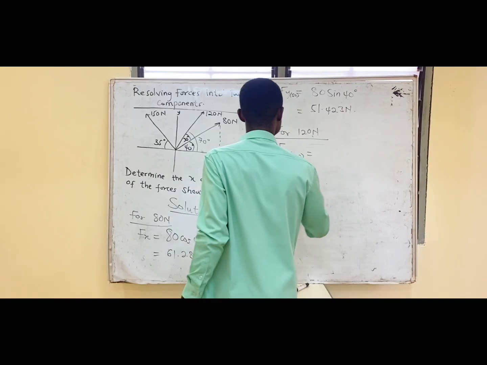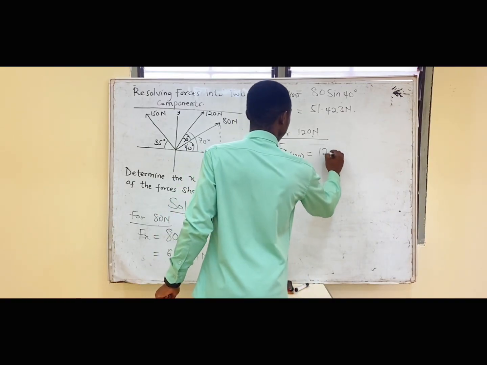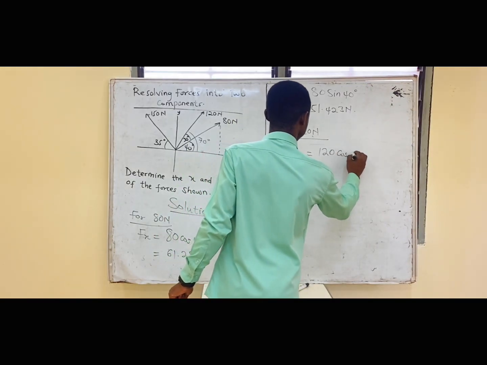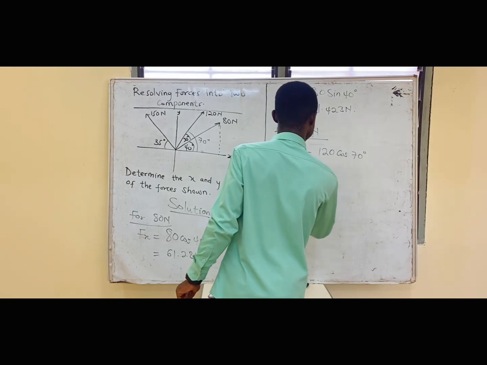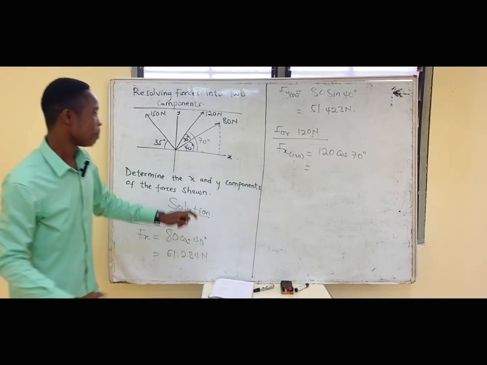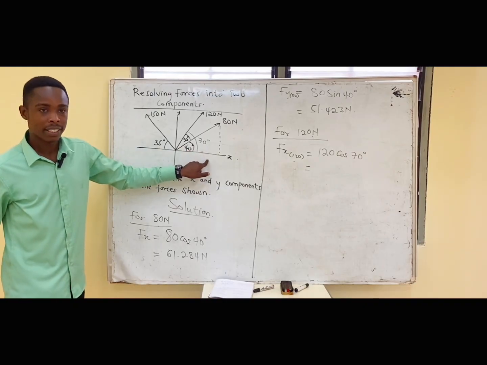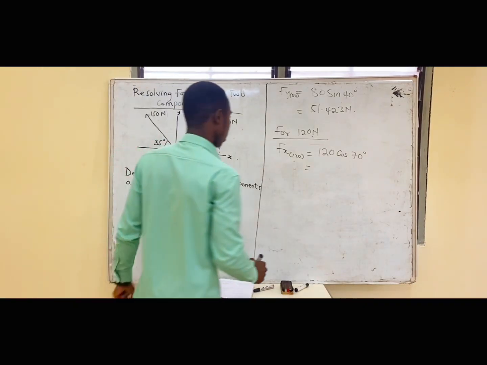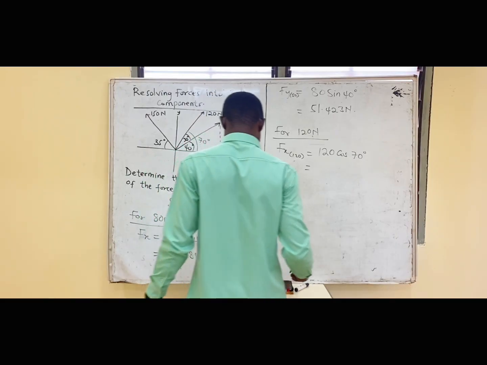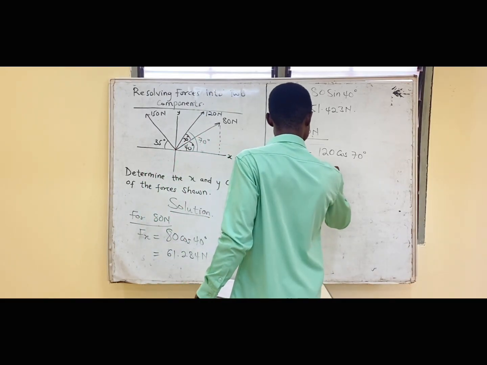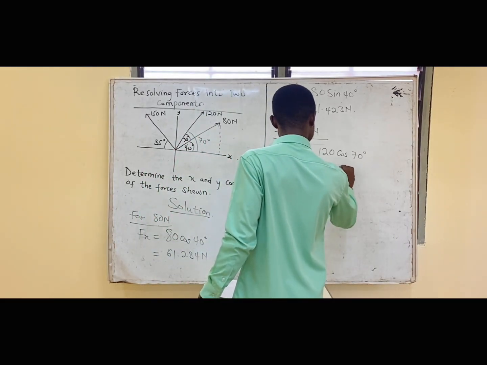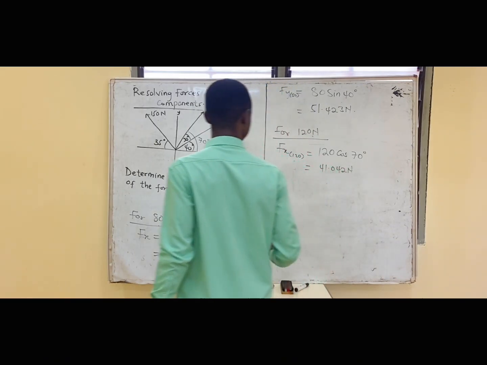So we are going to use the 70 degrees to resolve the 120 Newton force. So the X component will be 120 cos 70 degrees. Why cos? Because the angle is adjacent to the x-axis. Good. So 120 cos 70 degrees will give us 41.042 Newton.